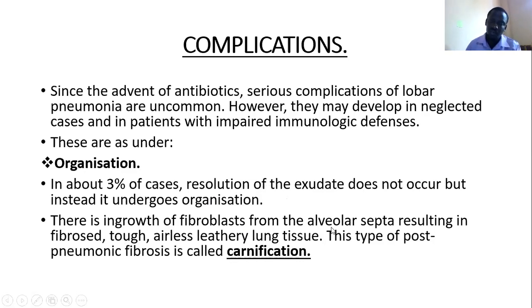This we call carnification. It is a type of post-pneumonic fibrosis. So the exudate gets fibrosed, leading to a fibrosed, tough, airless, leathery lung tissue. So you can have this as a complication, carnification.